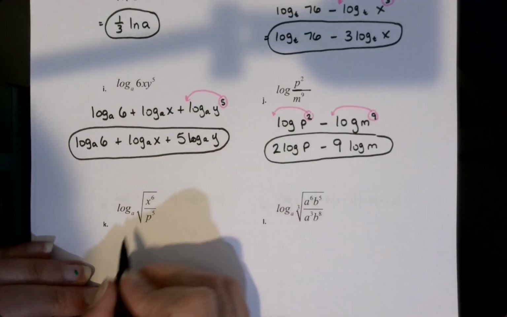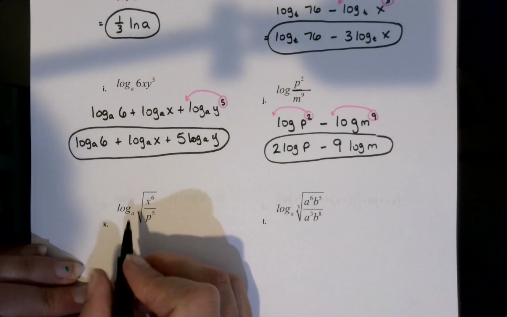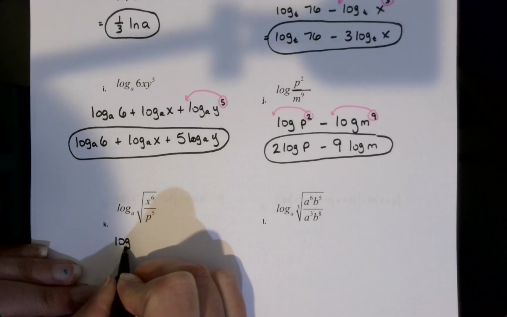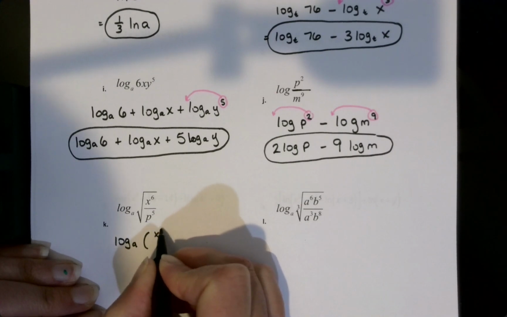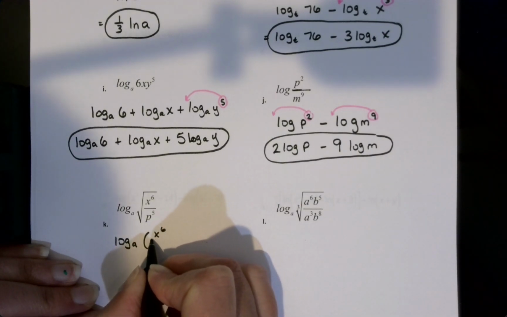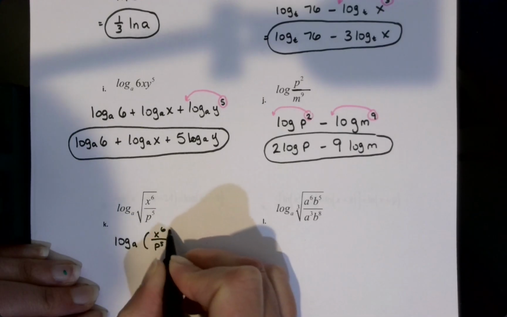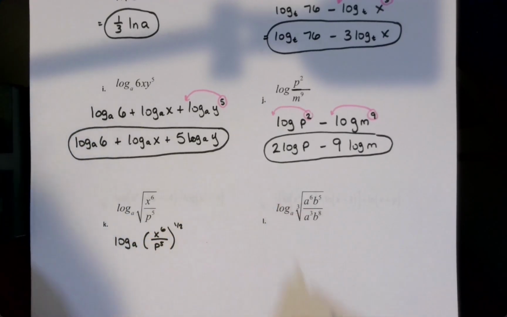In part K, that square root is over the entire quotient. So I could think about this original as being log base a of x to the 6th over p to the 5th, to the 1/2 power.